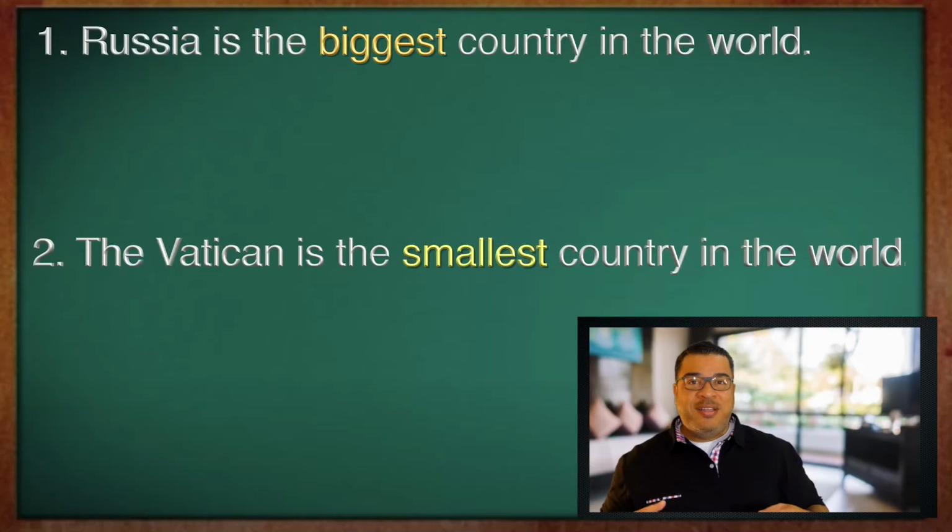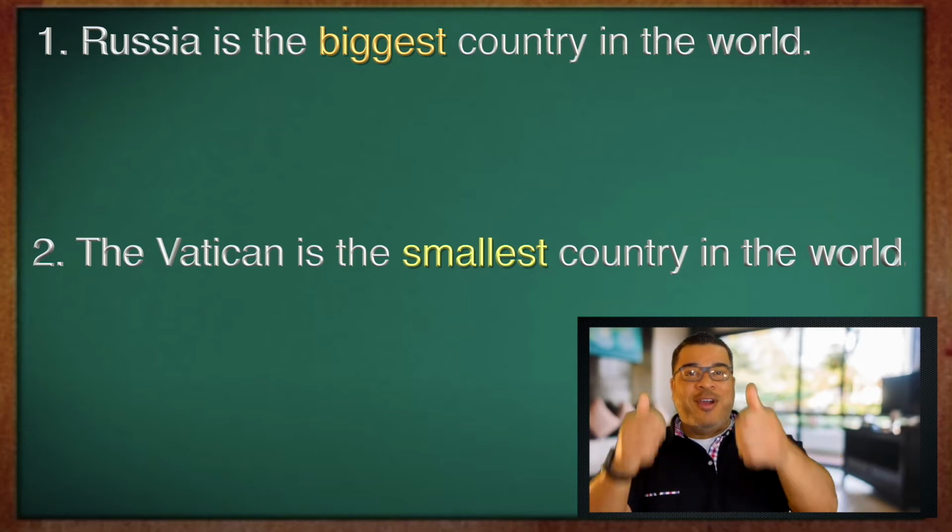So when you want to use a superlative, you're trying to tell someone about the biggest thing, or the fastest thing, or the slowest thing, or the smallest thing. Now, a lot of you might notice here that when you want to make an adjective a superlative, you just add est.